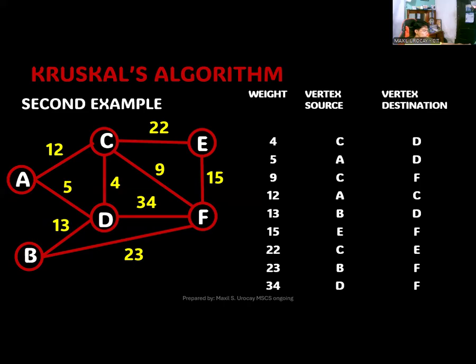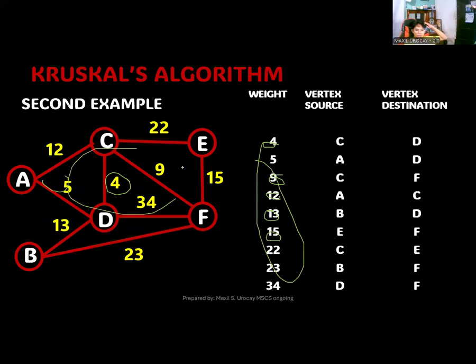Okay, it's almost done. For the next step, you identify the weights: you have 4, you put that here, then 5, 9, 12, 13, 15. You put everything that you have in there, the same process that we did earlier.